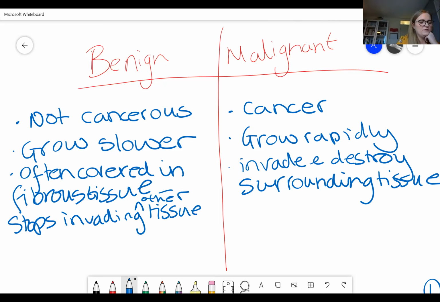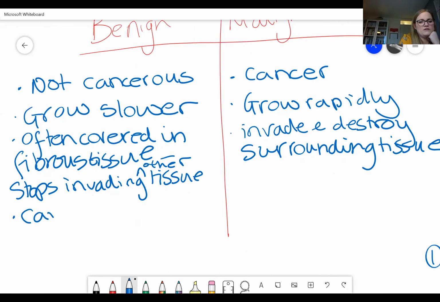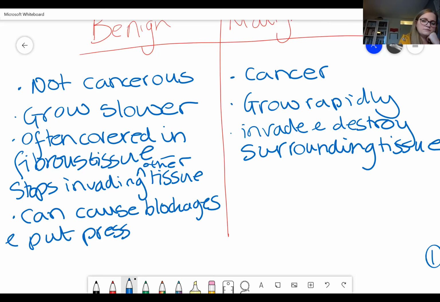Stops invading other tissue. They are harmless, but they can cause blockages. So I'm just going to put can cause blockages, and put pressure on other organs. Some have potential to become malignant, not all.